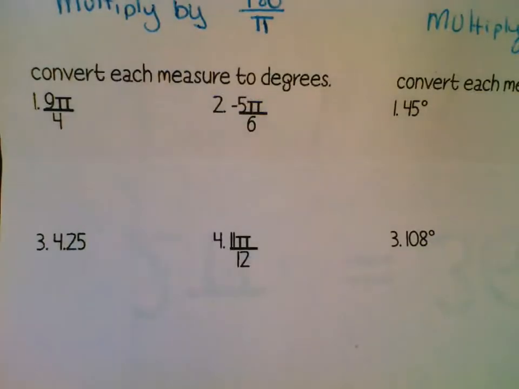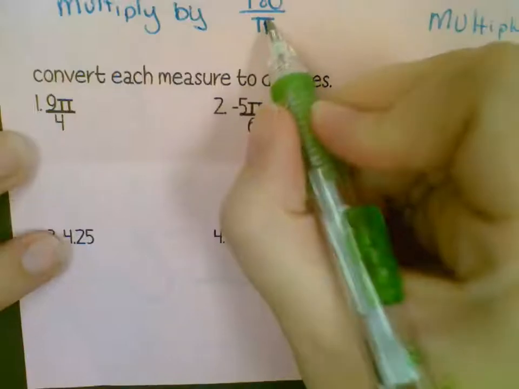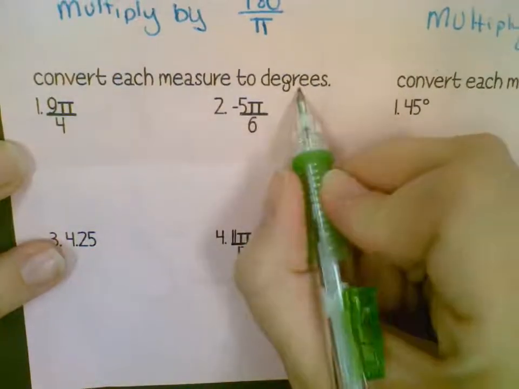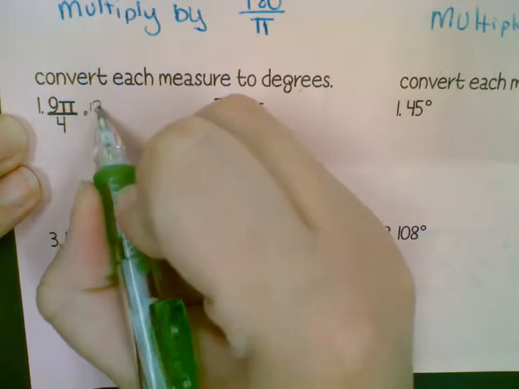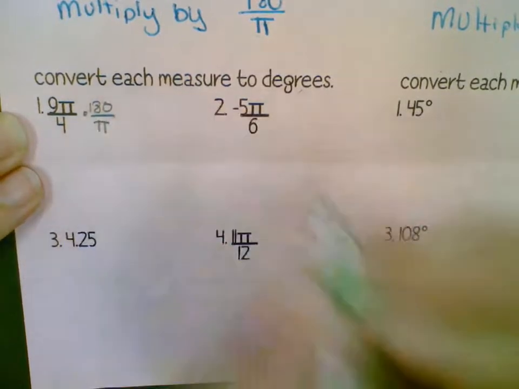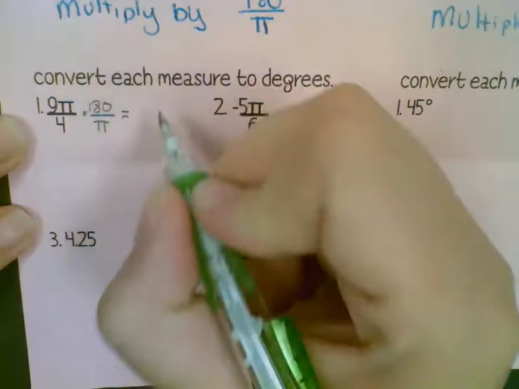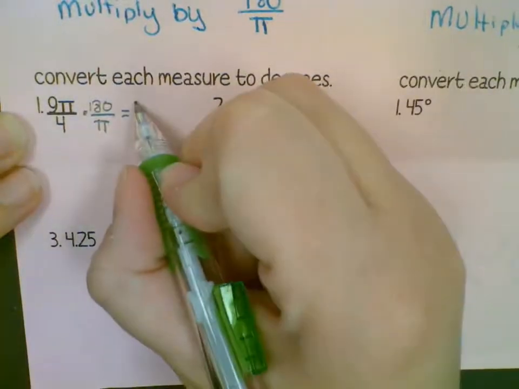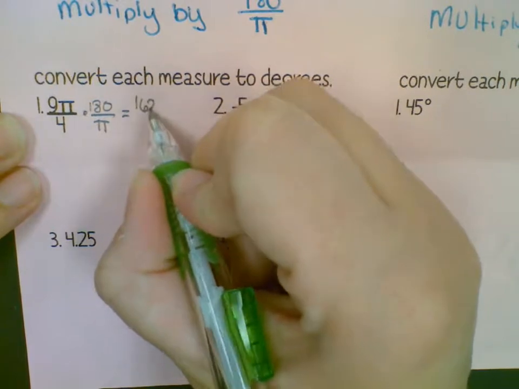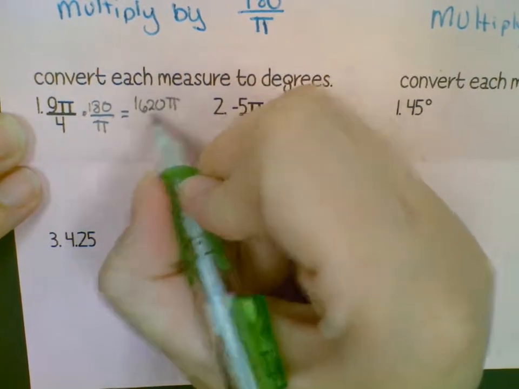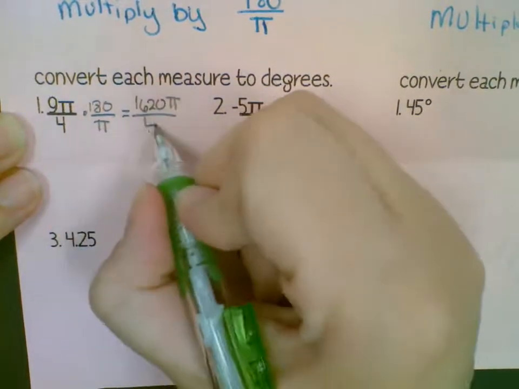For number 1, we multiply by 180 over pi since we're converting to degrees. We multiply straight across. 9 times 180 is 1,620, and 4 times pi is 4 pi.